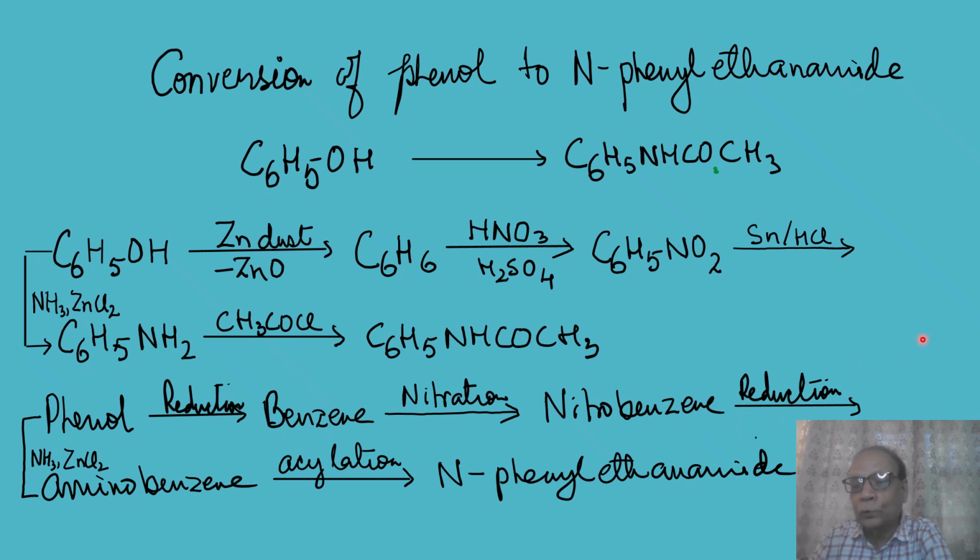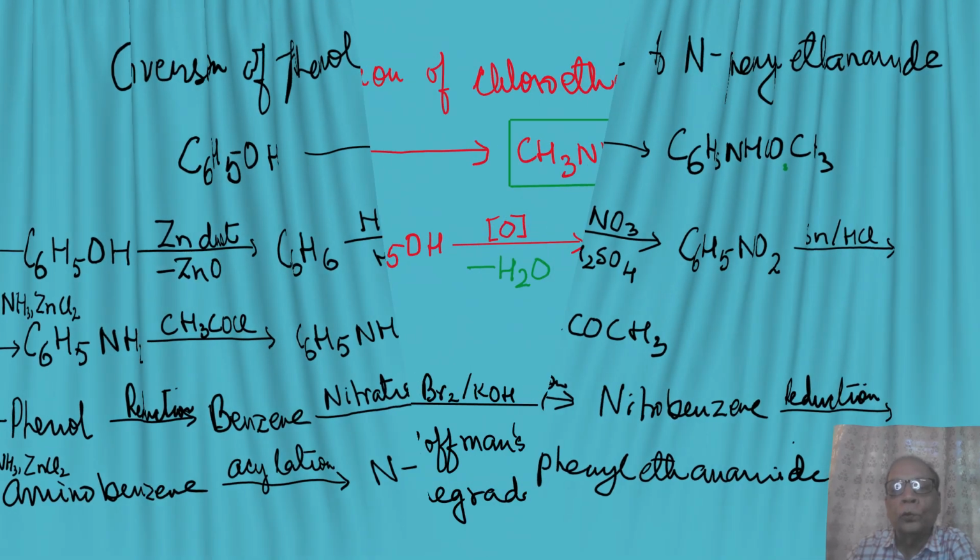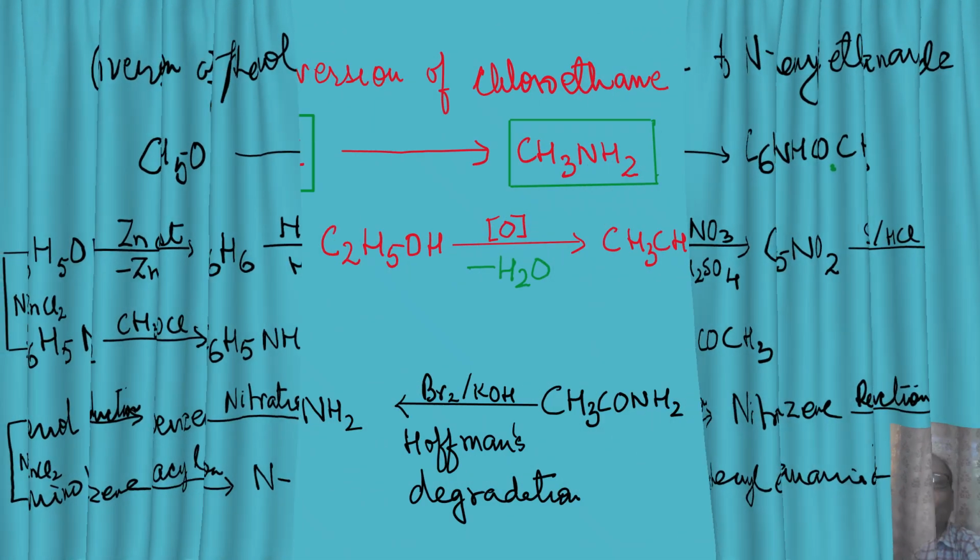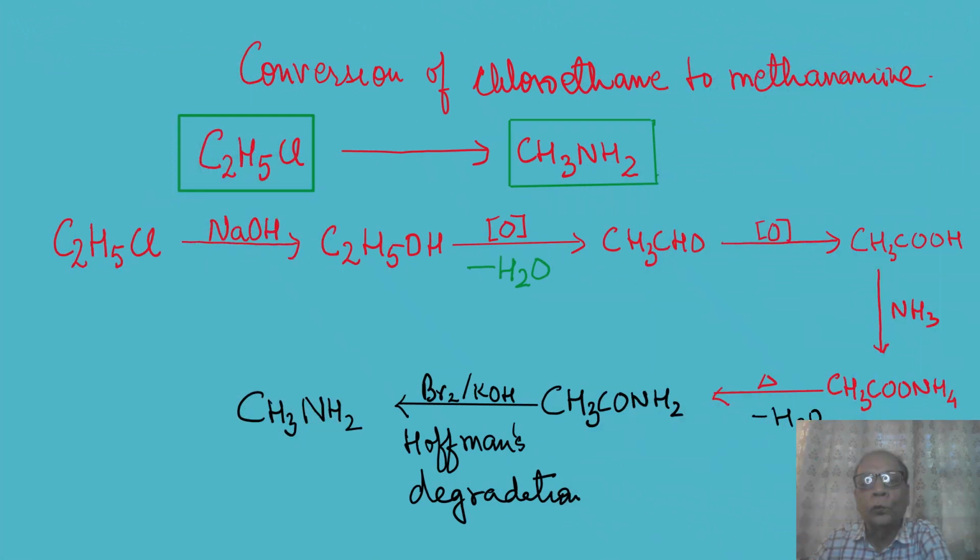Now let's go to the next topic, that is conversion of chloroethane to methenamine. Chloroethane C2H5Cl will be converted to methenamine, which is CH3NH2.